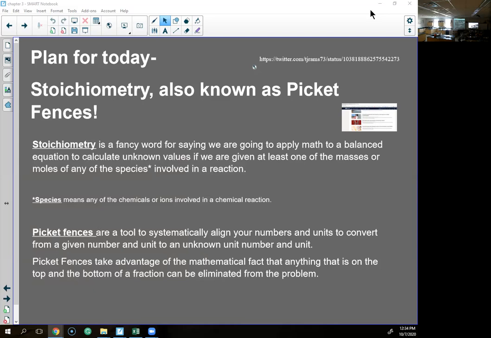Picket fences are a tool to systematically align your numbers and units to convert from a given number and unit to an unknown number and unit. I think I screwed that up. Picket fences take advantage of the mathematical fact that anything that is on top and the bottom of a fraction can be eliminated from the problem. Okay. You don't need to write down every single word on there.